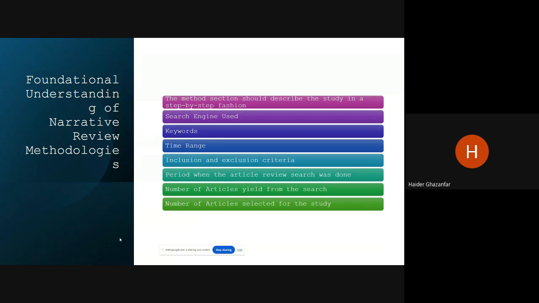So you can look at different articles published in JPMA, and if you find something in one of them, you can write a letter to the editor, and if it's accepted, you can try another journal. Once you have a good publication number, a lot of journals will be more keen on accepting your paper. But it's a good way to start: submit a letter to the editor to JPMA.